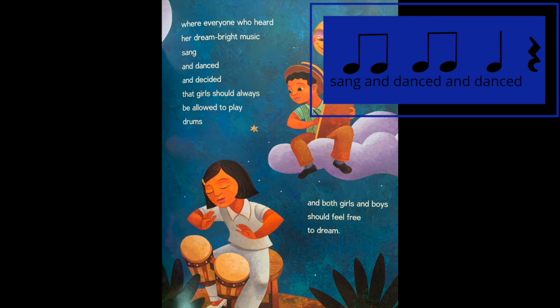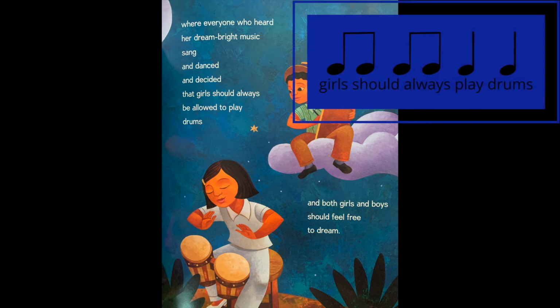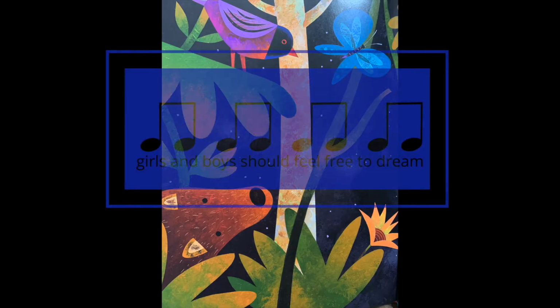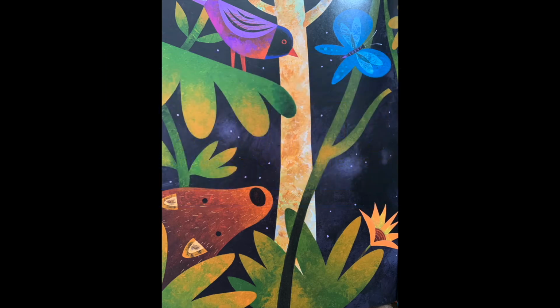Sang and danced and danced. Good job. Then our next one is girls should always play drums. Ready? Go. Girls should always play drums. Fabulous. And then our last one says girls and boys should feel free to dream. Ready? Go. Girls and boys should feel free to dream.